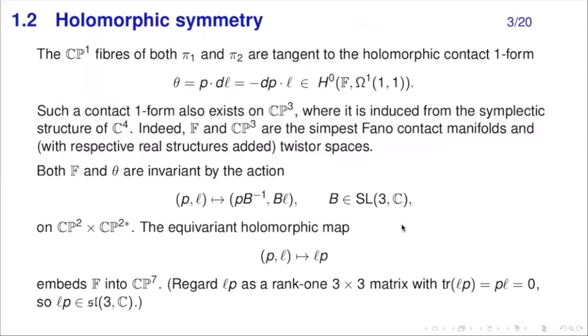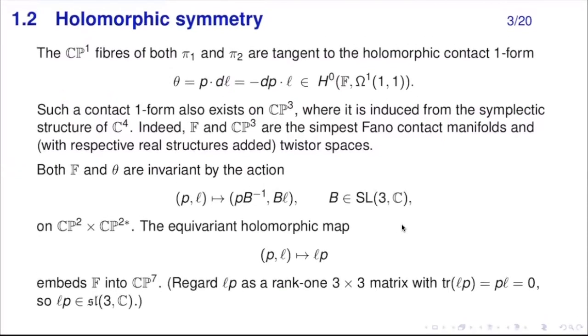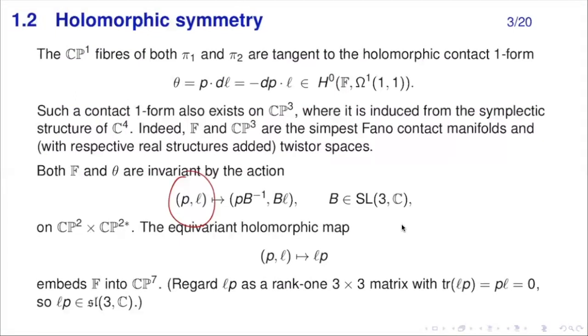Okay, and the other thing to say here is that, remember, a point of the flag manifold is a pair PL, and you can act naturally on that. If we were just in P2 cross P2, you could act separately by SL3C or the projective general linear group on both factors.